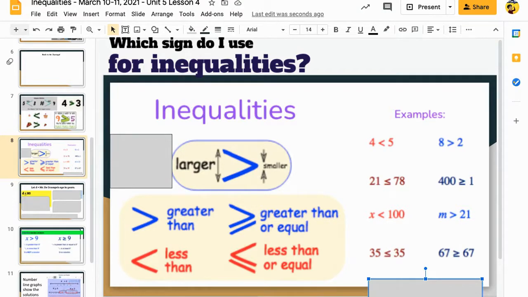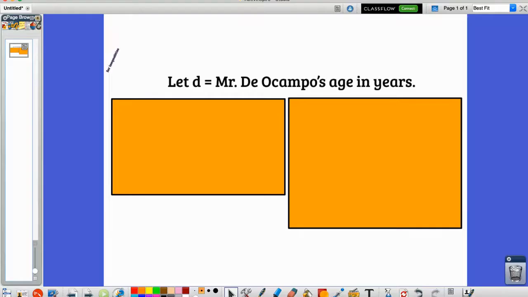And that's why we can use this sign. This is a less than or equal sign. 35 is less than or equal to 35. Just like we can say that 67 is greater than or equal to 67.